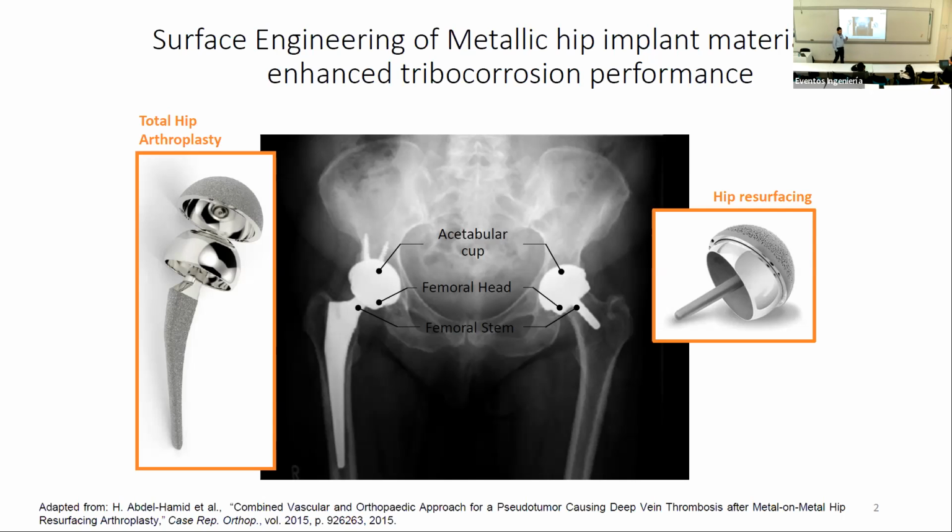So the idea of surface engineering is to modify the surface of these alloys, typically cobalt, chrome, molybdenum alloys and stainless steels, 316 LVM, so that in the bearing surface where the surfaces slide against each other, we mitigate the material losses.